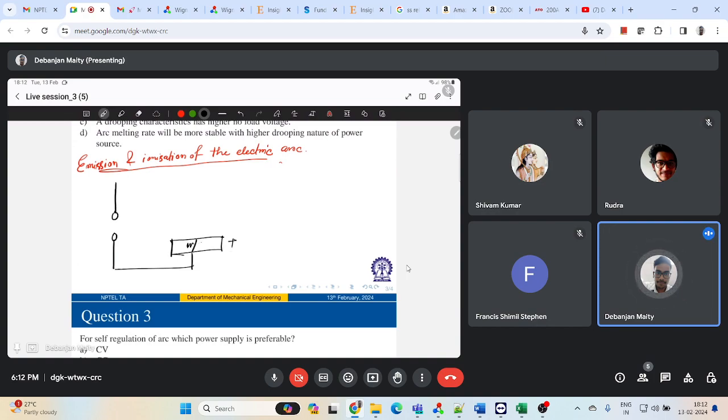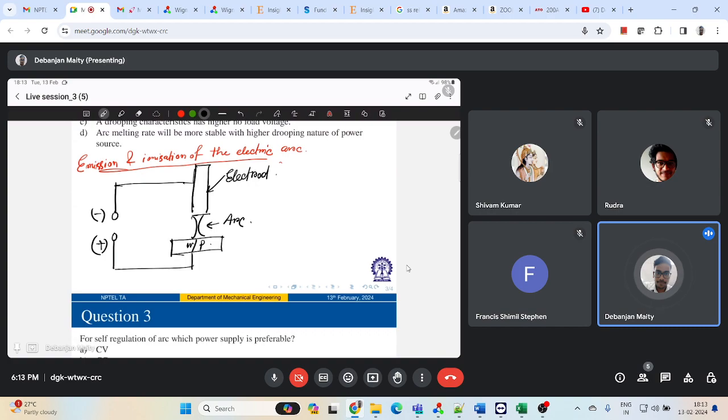If this is your workpiece, another will be connected to your electrode, right? And over here, your arc is getting generated. This is my positive, this is my negative part, right?